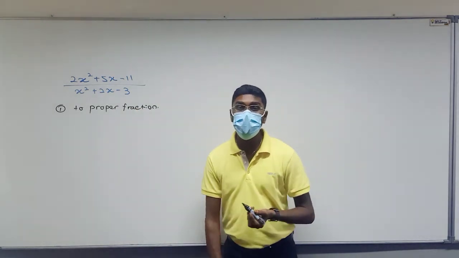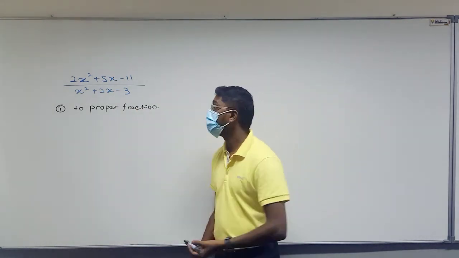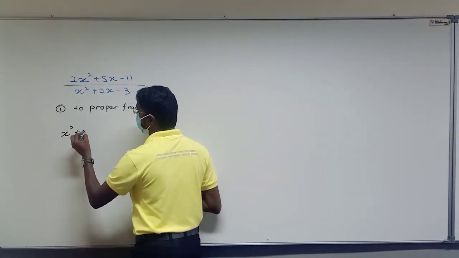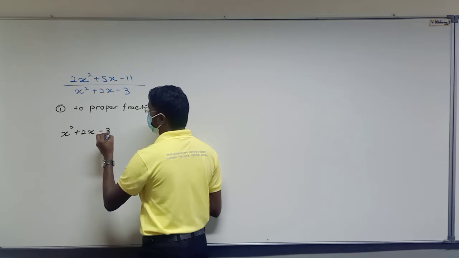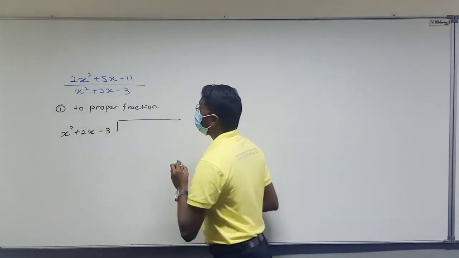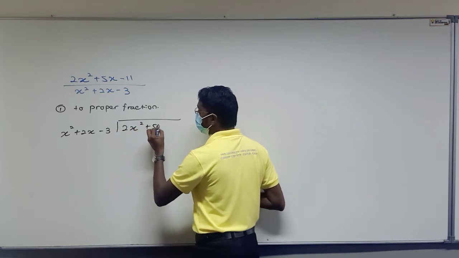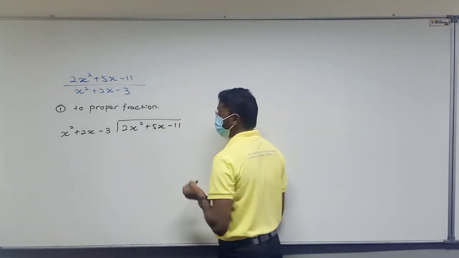How we're going to do this is by using long division. So it's going to be x squared plus 2x minus 3 into 2x squared plus 5x minus 11.